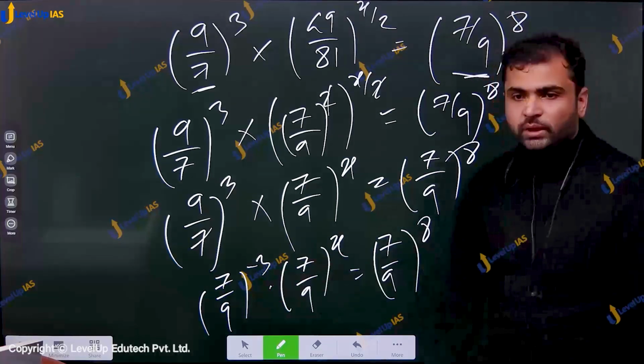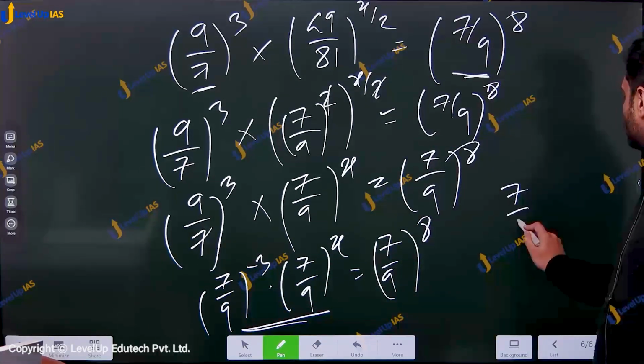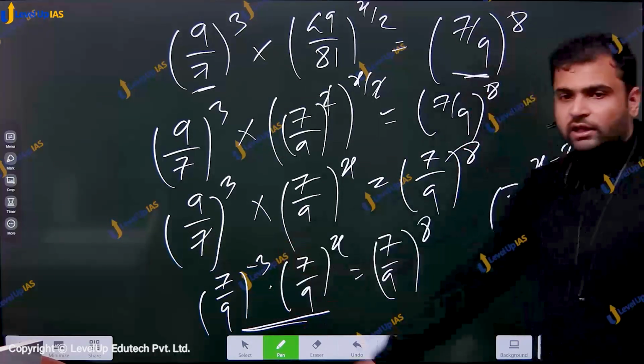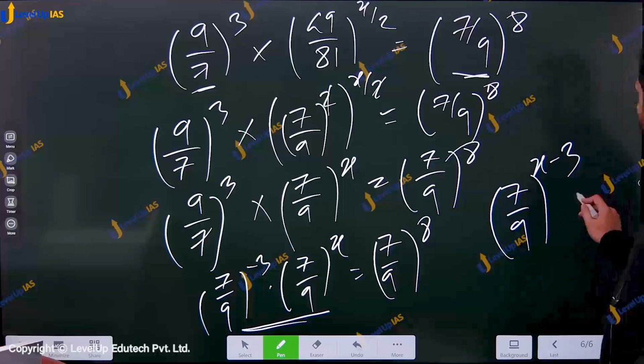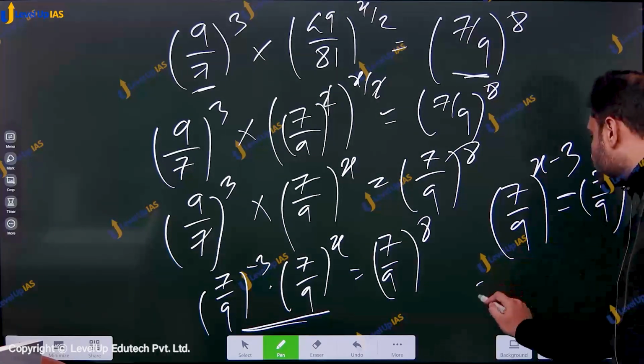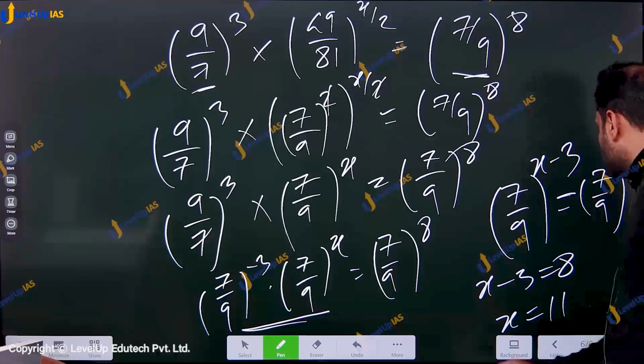Now we have base as same, and this thing is nothing but 7 by 9 raised to x minus 3. When the base is same, I can add the powers in multiplication. Is equal to 7 by 9 raised to 8. So x minus 3 is equal to 8, x is equal to 11.